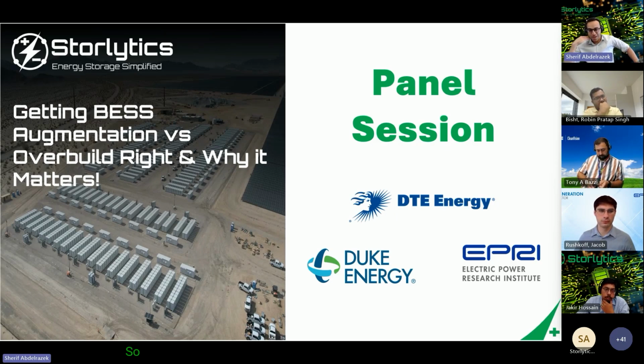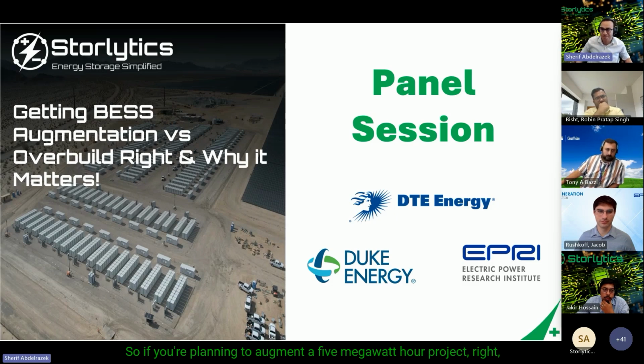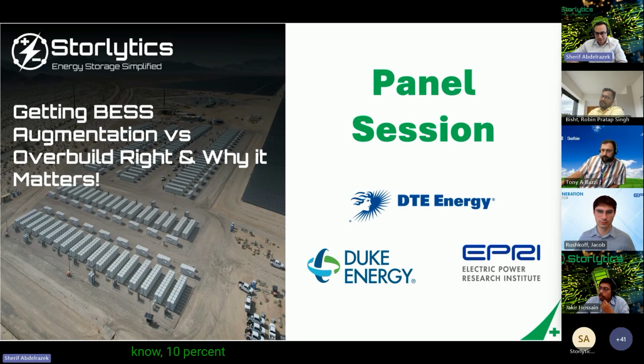If you're planning to augment a 5 megawatt hour project, it's definitely going to be more than 10%, or I don't know the exact percentage, but definitely more than that percentage for a larger project. So that's one of the reasons I think the Duke Energy approach of not augmenting, or doing an overbuild, for smaller projects probably makes sense.